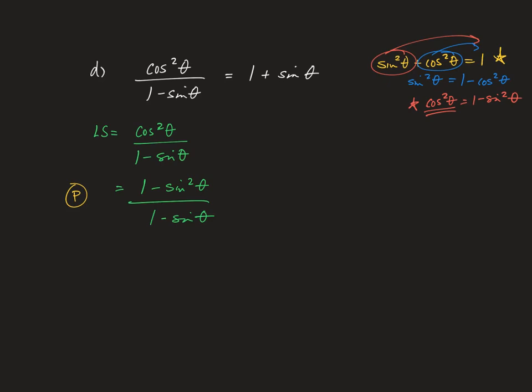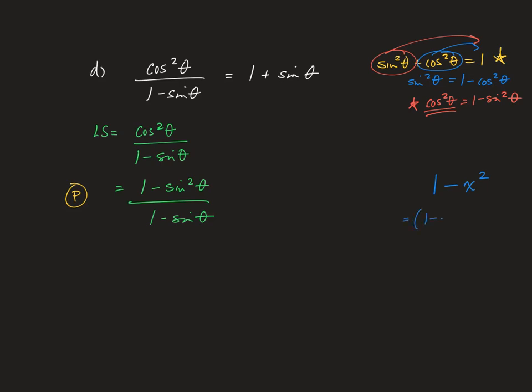However, my top happens to be a pretty special form. Hopefully we're able to draw back on that, something like 1 minus x squared. And we should be good that we could factor that top, because 1 minus x squared is a difference of squares.